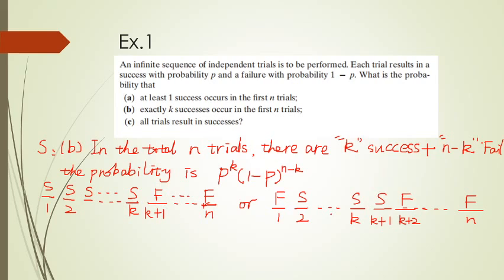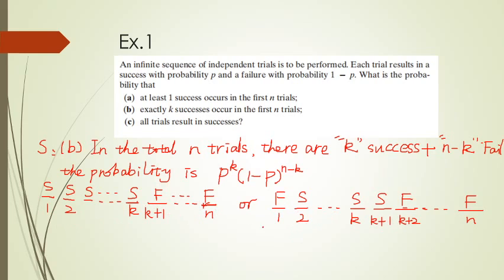Of course, those two are different outcomes for the independent trials. One is the first K all success, and from K plus 1 until N all failure.